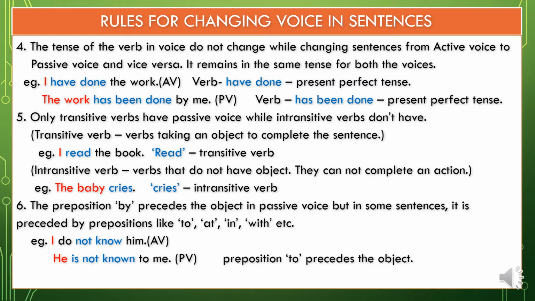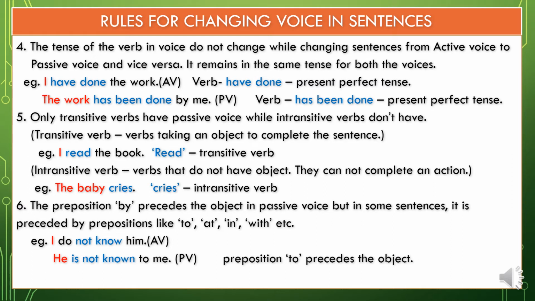For example, I have done the work. Here, I have done the work. The verb is in which tense? Present perfect tense, isn't it? বুজি পাইছা? ভাৰ্বটো ইয়াত কিহত আছে? Present perfect tense আছে। এটো যেতিয়া আমি চেঞ্জ কৰিম, তেতিয়া কি হ'ব? The work has been done by me.